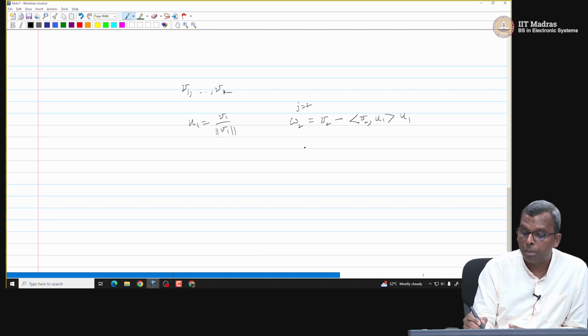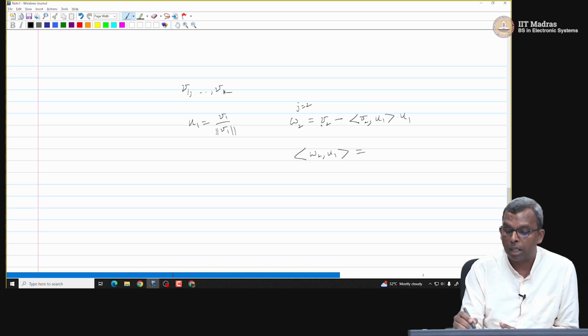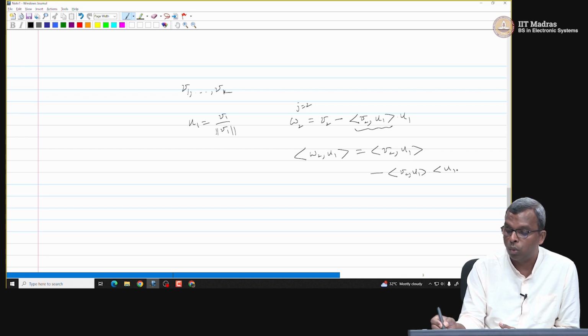See what happens if you do the inner product of w2 with u1, okay. So, notice what happens here, you will get the inner product of v2 with u1, right, minus this is a scalar, right, which will come out, times the inner product of u1 with u1. Do you see that?